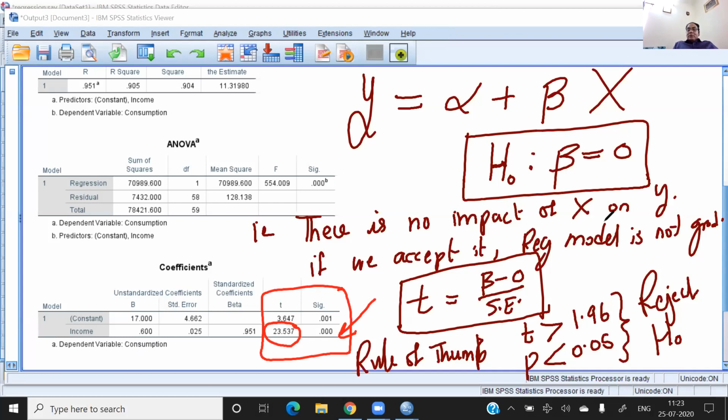So up to this level, I hope I have covered each and everything that comes in the results. Now tell me if you have any problem up to this level, because after this I have to go to the multiple regression model.